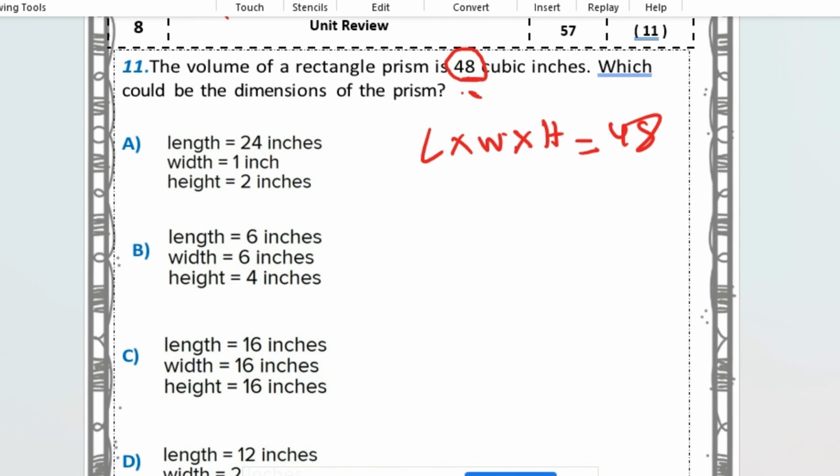So if we multiply, let's say the number A, 24 times 1 is 24, times 2 is 48, so A is correct.